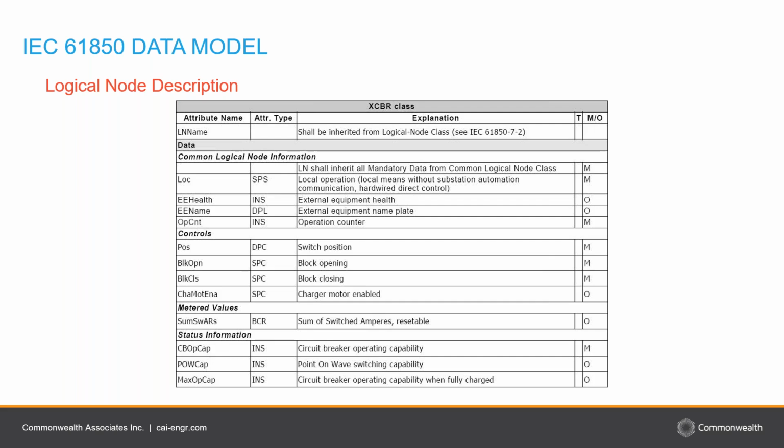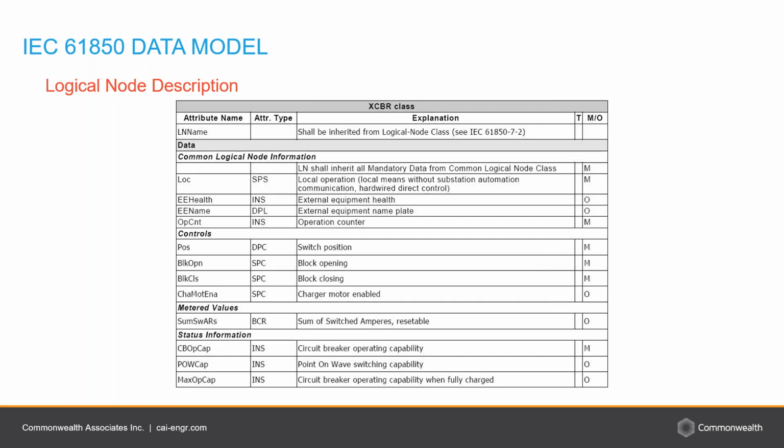For example, there's a data element called LOC, which is for providing information on the mode of operation of the breaker, whether it's in local operation. Local operation means operation without substation automation communication, or due to hardwired direct control operation.